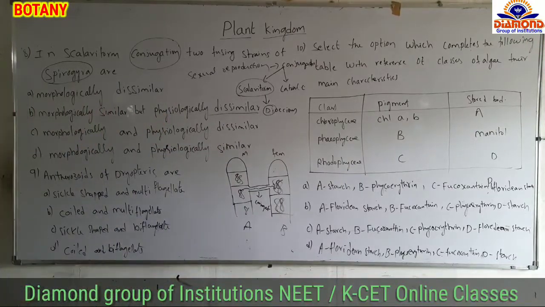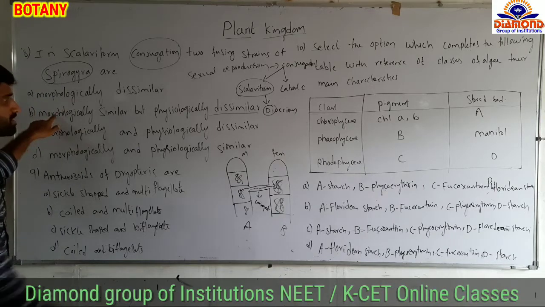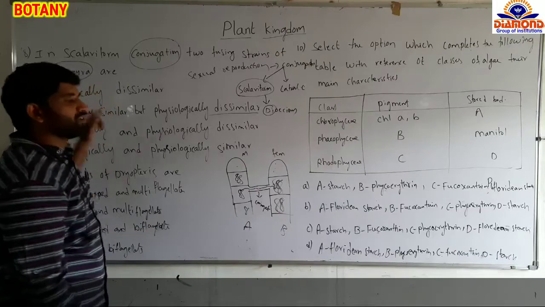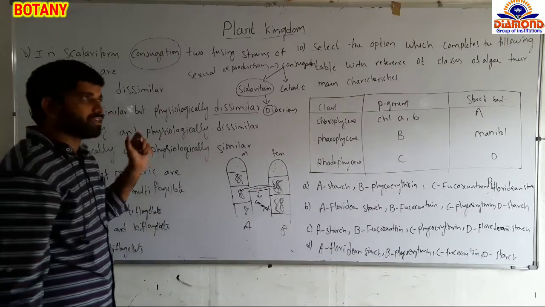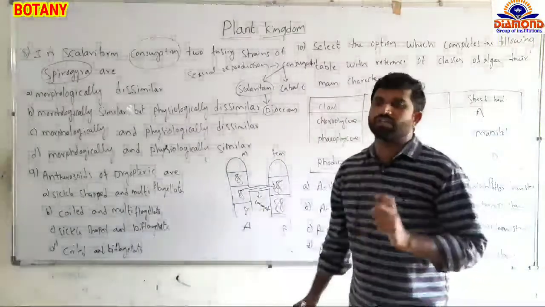Option C is morphologically and physiologically dissimilar. Option D is morphologically and physiologically similar. Based upon these options, in B, the male and female Spirogyra are morphologically the same, but physiologically the gametes produced are dissimilar.